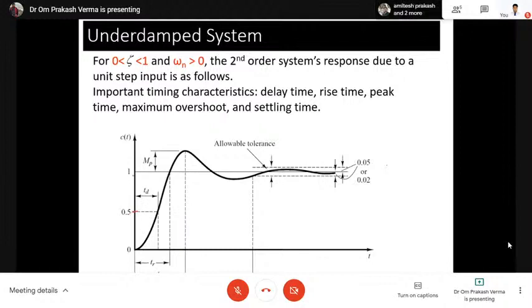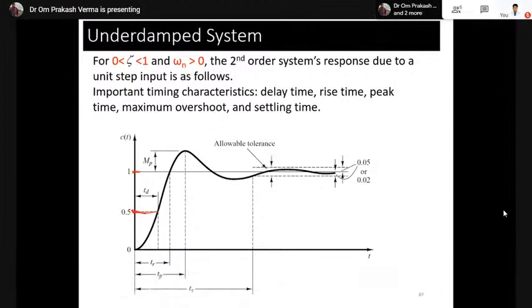Suppose this is the set point, and 50% of the set point is here, and whatever time is taken to reach here, this corresponds to the delay time. Sorry, this one is the delay time.